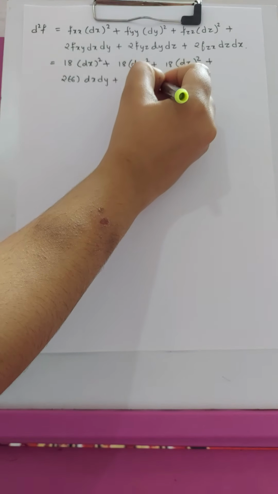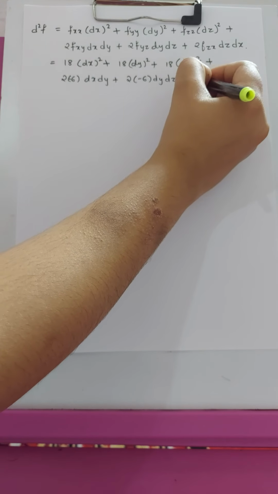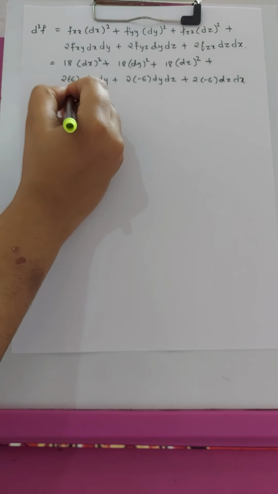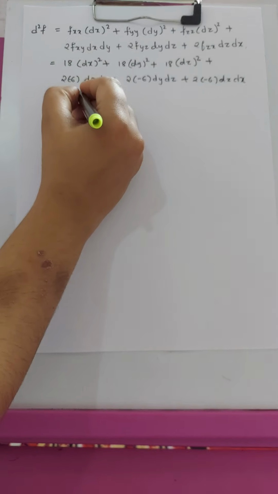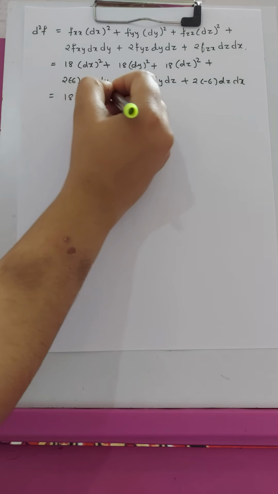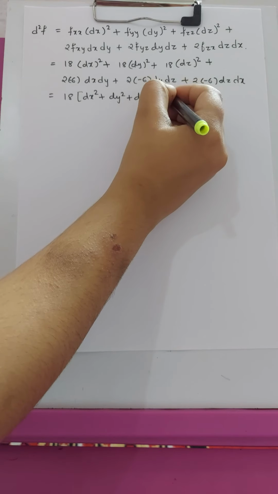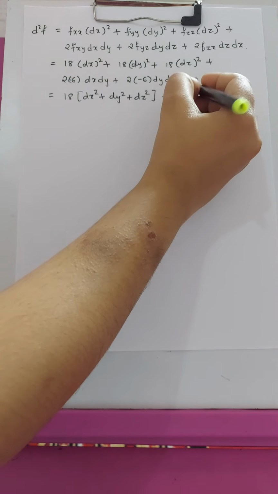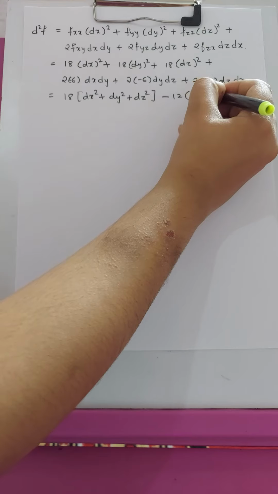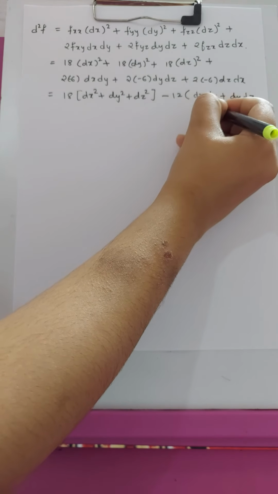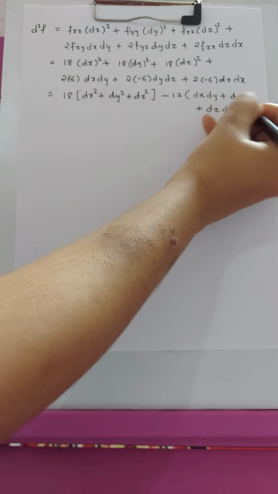So twice of minus 6 dx dy plus twice of minus 6 dy dz plus twice of minus 6 dz dx. Taking 18 common from the first three terms, we get dx squared plus dy squared plus dz squared, and taking minus 12 from the last three terms, we get minus 12 times (dx dy plus dy dz plus dz dx).